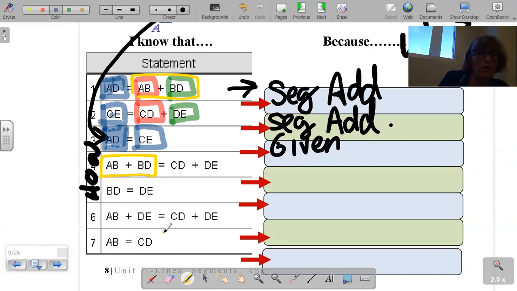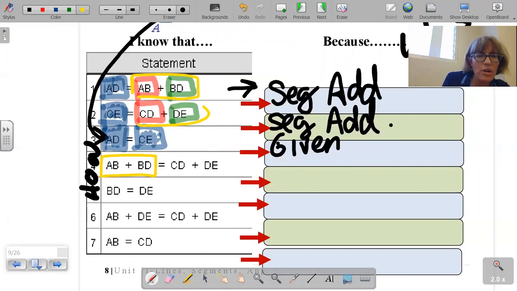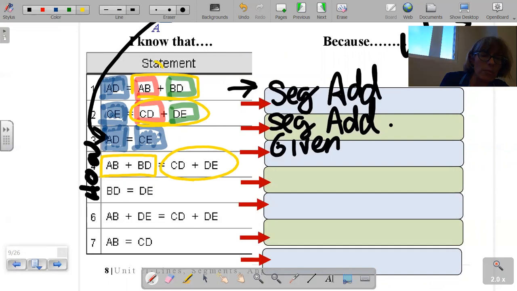Look carefully here. CE, CE. We swapped CE out and put this, I'm going to circle it, in its place. What is that property called? It's called substitution.